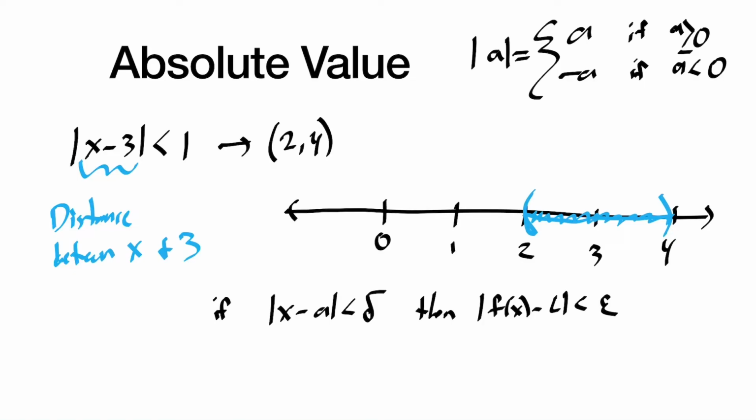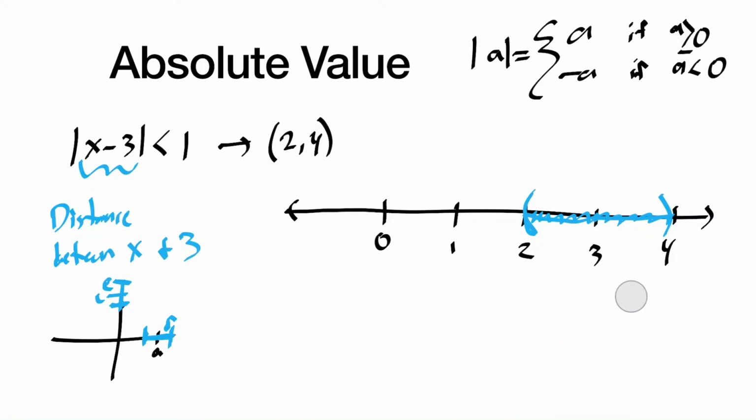Well, that makes sense if we think of this in terms of distance. When I draw my graph, we have a here, and when we say x minus a is less than delta, we're talking about everything that's within a distance delta of a. Similarly, over here, this is saying everything that's within a distance epsilon of L. And that gives us the picture we were talking about earlier when we interpret absolute values as distances. And I think that's really useful for us.